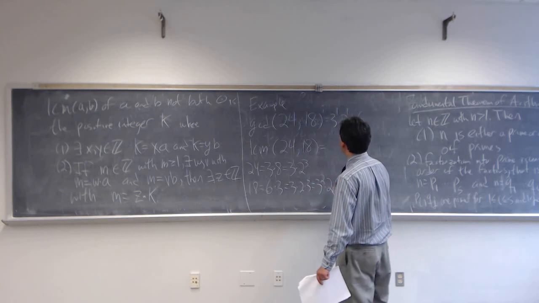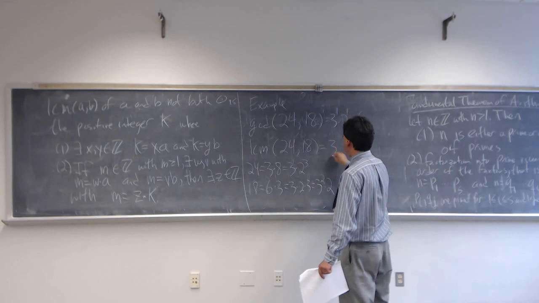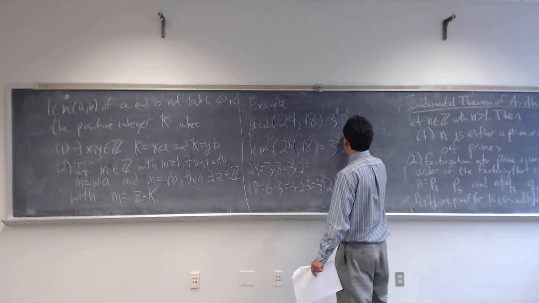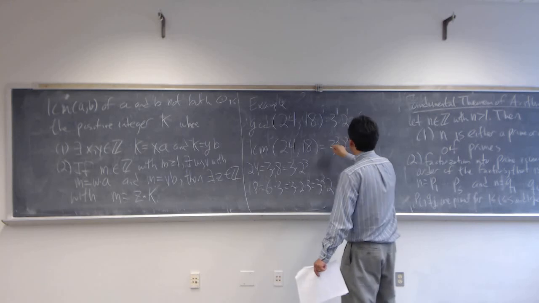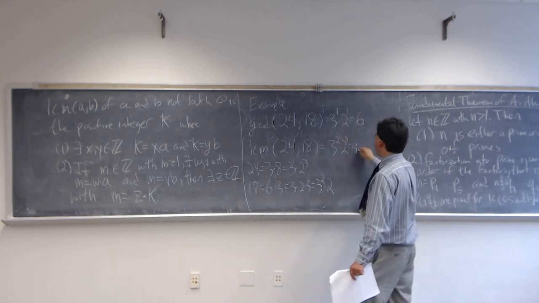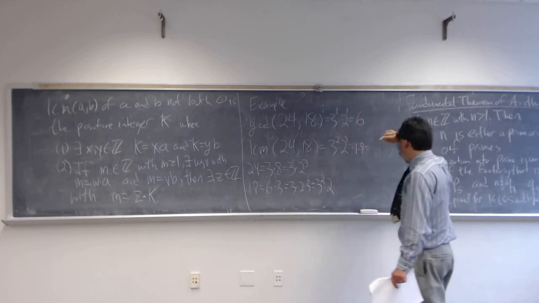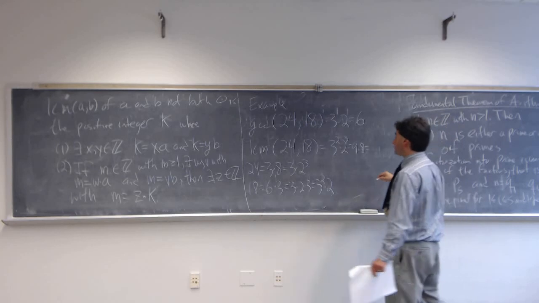The least common multiple would be 3 to the 2 times 2 to the 3, which is 9 times 8, which is 72.